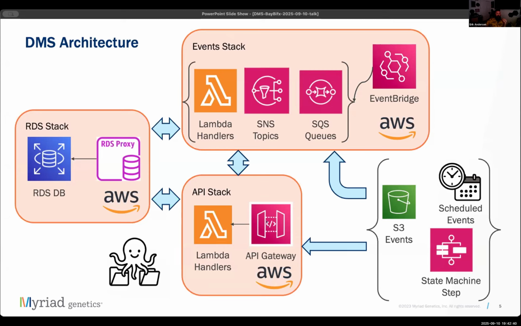Each stack is provided the appropriate permissions to interact with the other stacks, so events can make API calls, API handlers can trigger events, and either of those can interact directly with our database. We can directly interact with the DMS through the API, either as a user or as part of the state machine-based orchestration system.